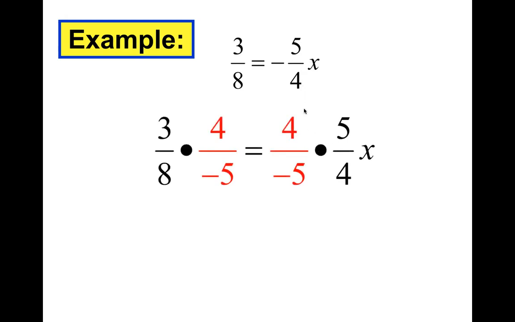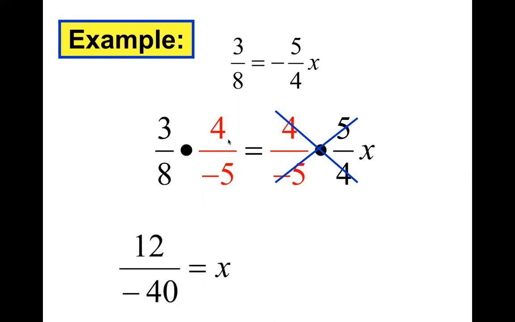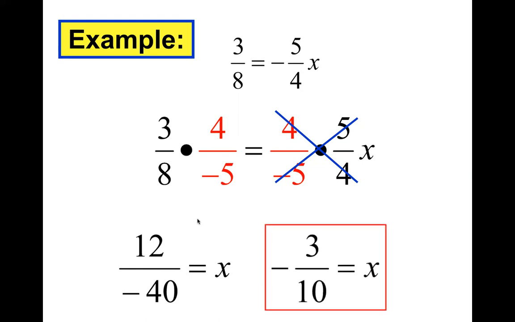So our -4/5 times our -5/4 would cancel one another out. And then you would have 3/8 times -4/5 on the left side. And that would give you 12 over -40 equals x. You can actually reduce this fraction by a factor of 4, and that gives you -3/10 equals x.